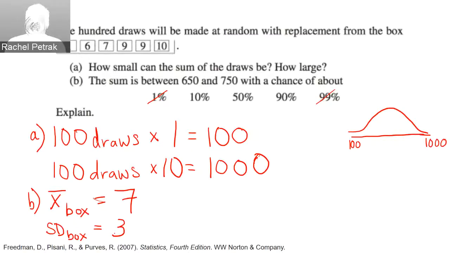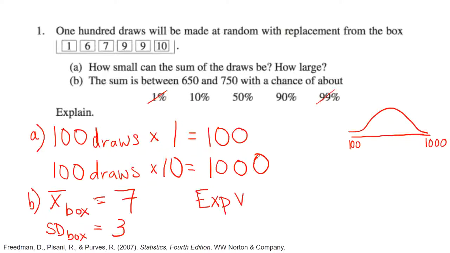And now with this in mind, we know that the expected value of the box is going to be equal to, or I should put here sum.